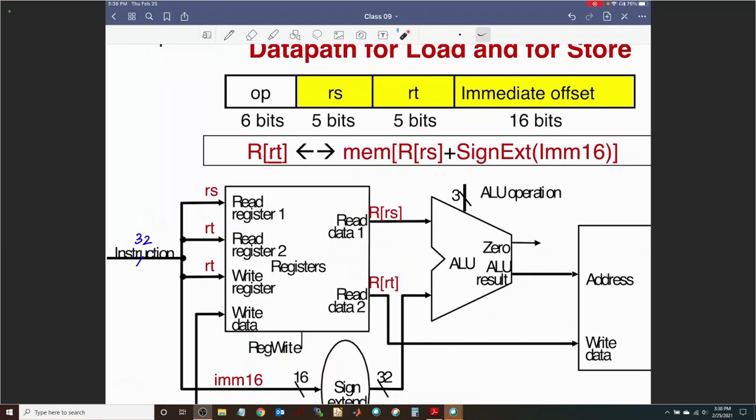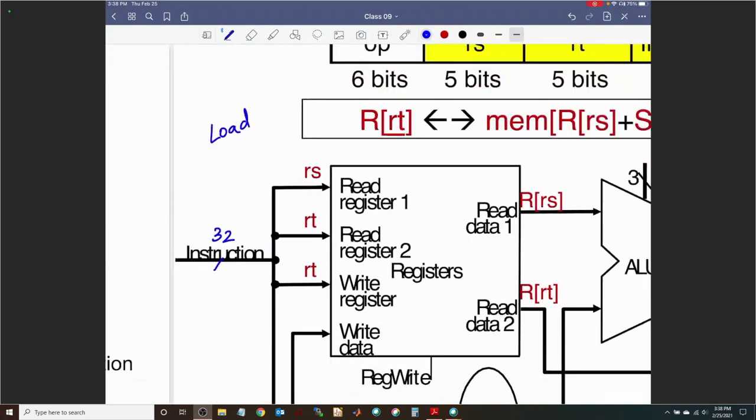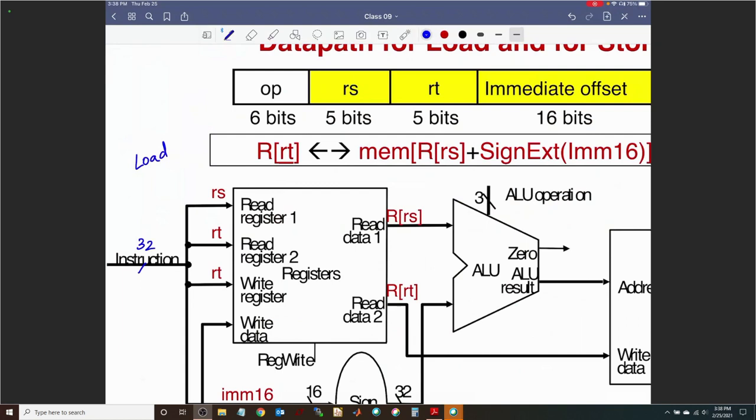Because if you are trying to, for example, here, let me use pink here. If you are doing load, which RT should I highlight? The top one or the bottom one? I'm doing load.